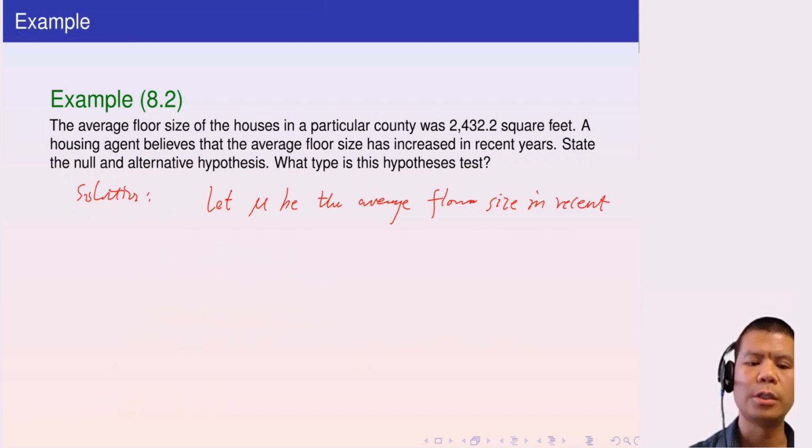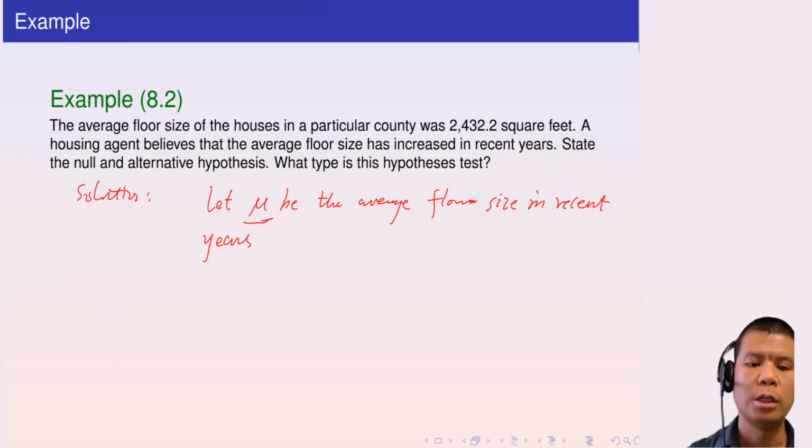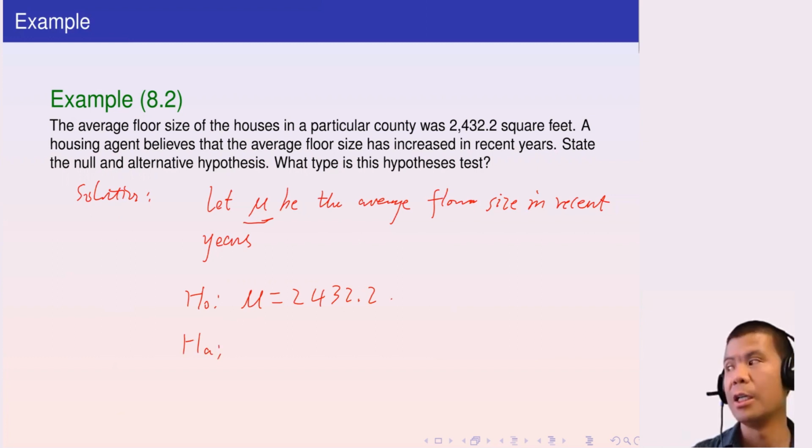Now, mu is going to be a parameter. It's about the population, right? So now the claim, the null hypothesis, will be something: there is no change from the past, no difference from the past. It contains an equal sign. So that's going to be mu equals 2432.2. And the alternative would be something that the person believes to be true.